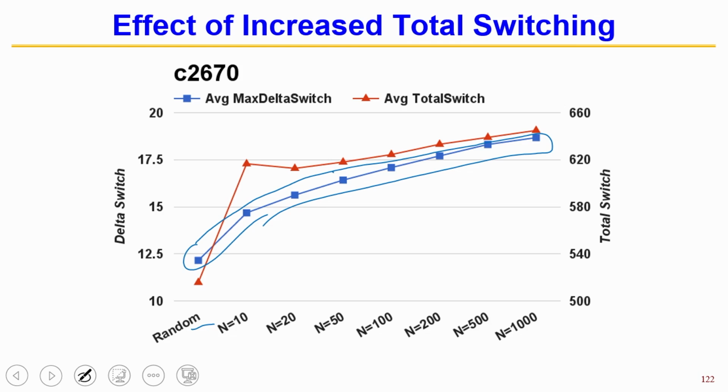But what is not good, look at that red one, and by the way this red one is not this dimension, it is this one, the total switching dimension, which is significantly larger. In this tiny silly example it is about 10 times larger, 10 to 20. In general this is going to be 100 to 1000 times larger, and what you observe, the switching of the main design also increases.